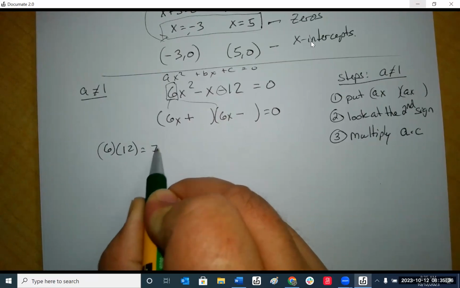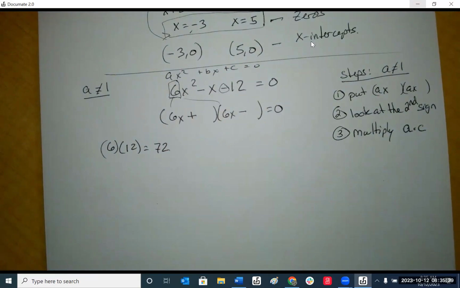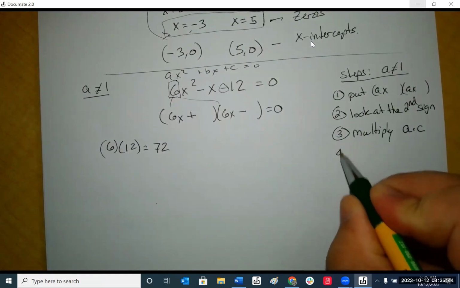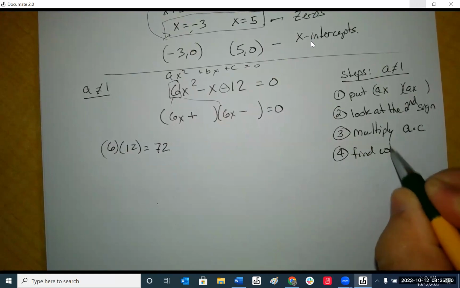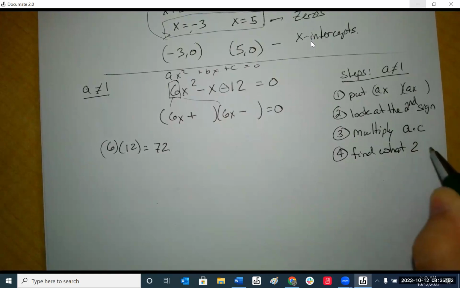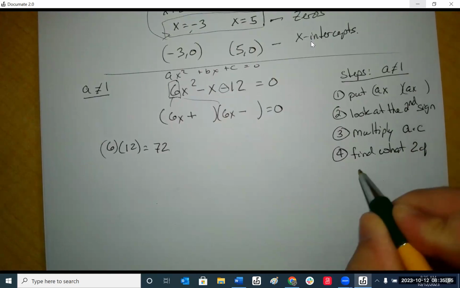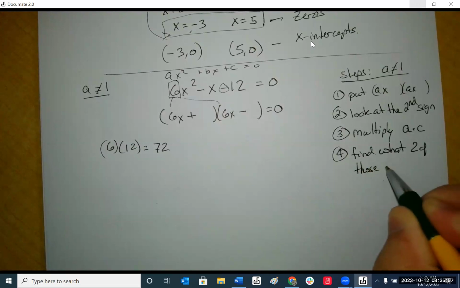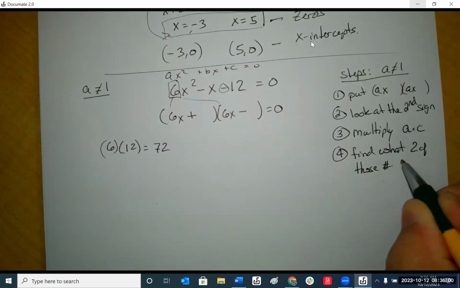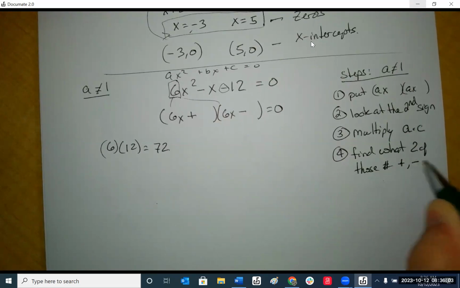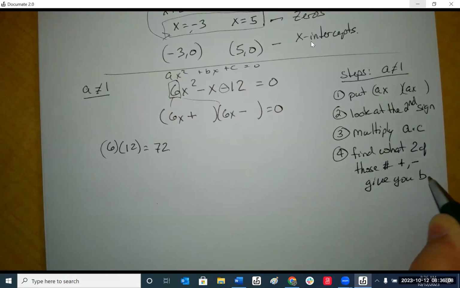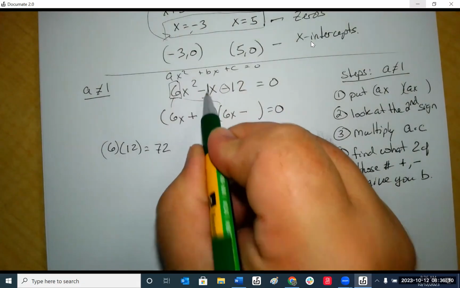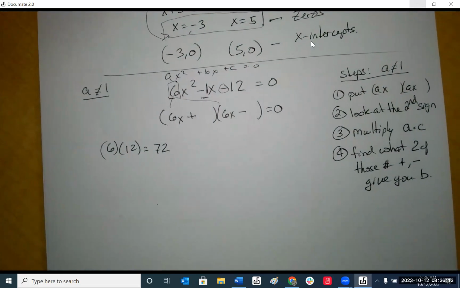Multiply those two together, I get 72. Then find out what two of those numbers, added or subtracted, give you b. In this case, 1.